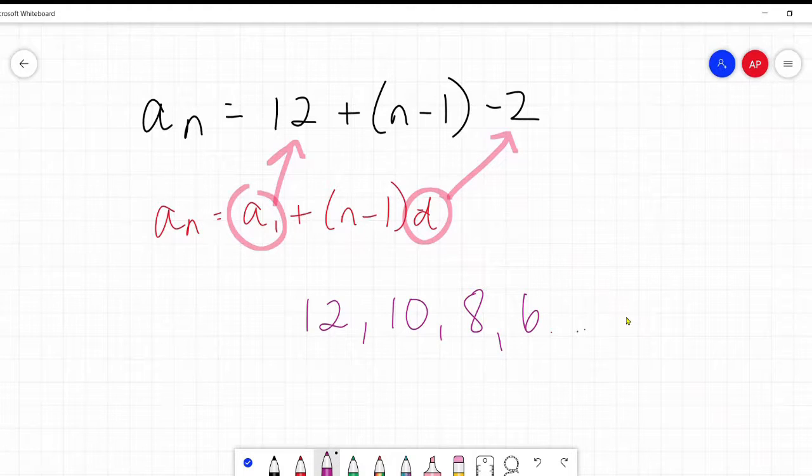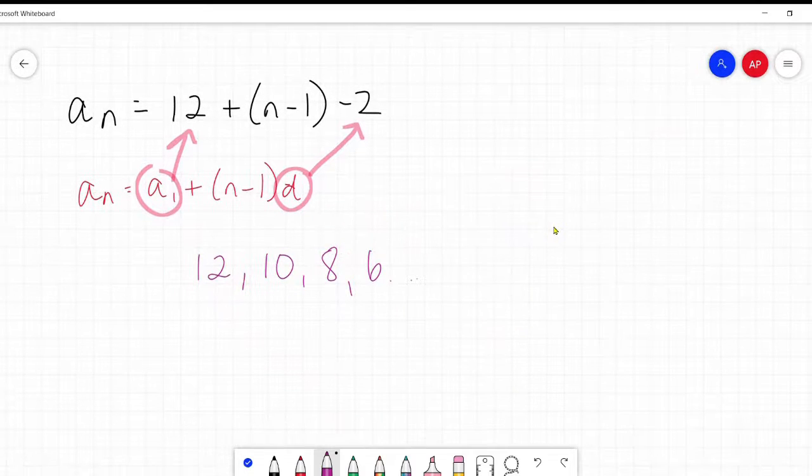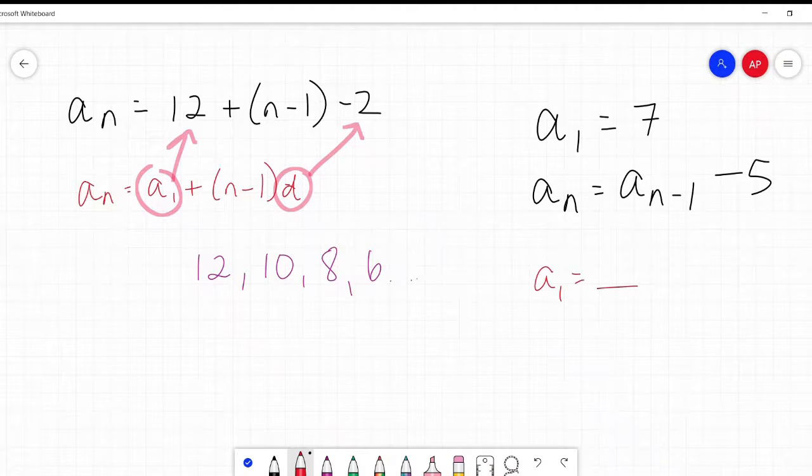If I was given the recursive formula, a sub 1 equals 7, and a sub n equals a sub n minus 1 minus 5. I know that whatever I'm given as a sub 1 is my first term.